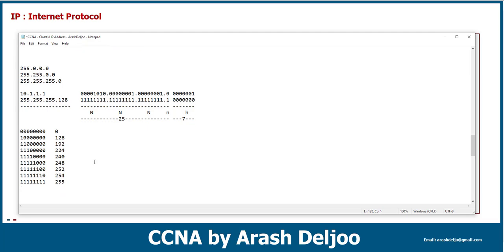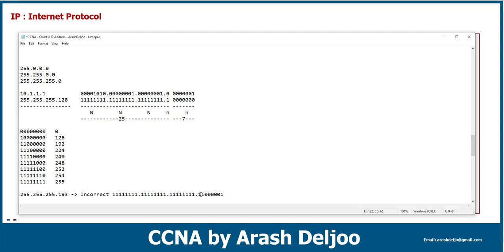Assume that I'm using this value: 255.255.255.193. Okay, this is not correct. This is incorrect. Let me talk about that. Look at here. This is 11111111 dot, again 11111111, again 11111111. After that 193 is 11000001. This is the 193.